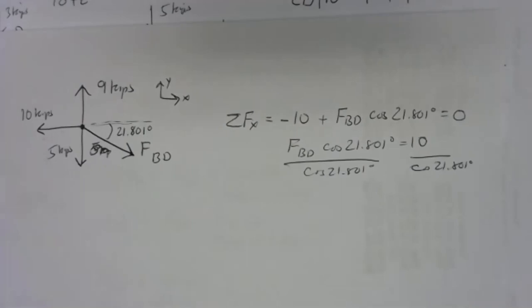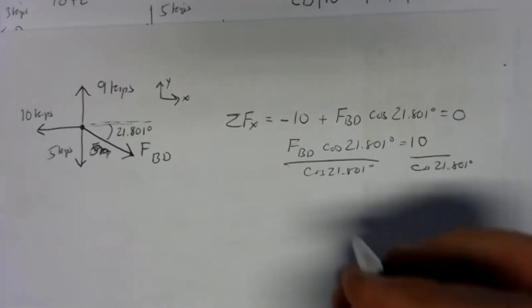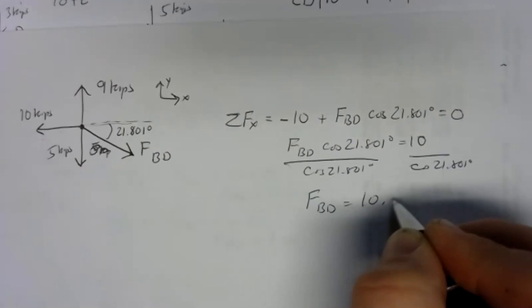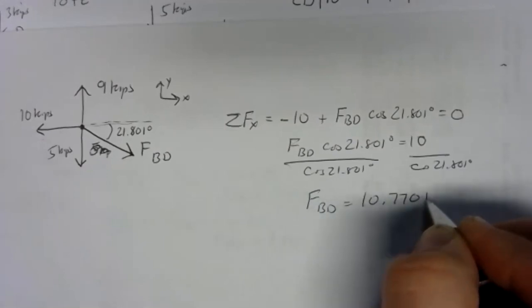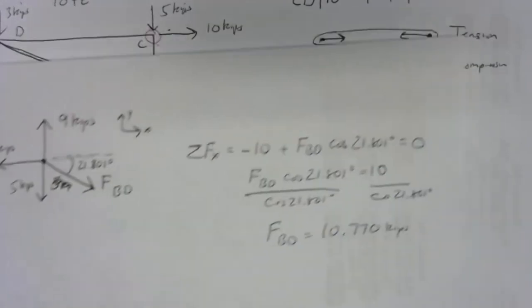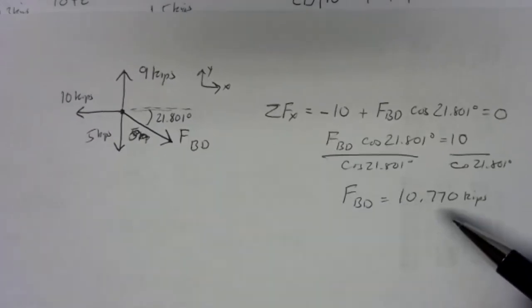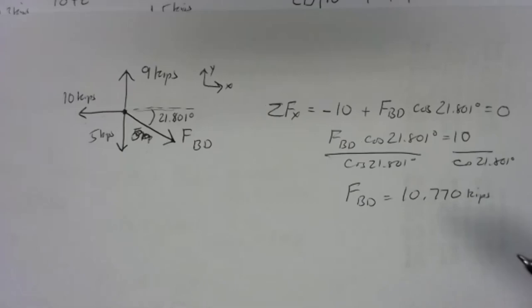And we'll get 10.770 kips. So FBD is 10.770 kips. Now, if you use the y direction, you might have gotten 10.771 in many problems.